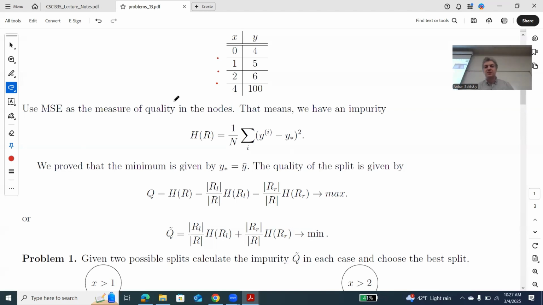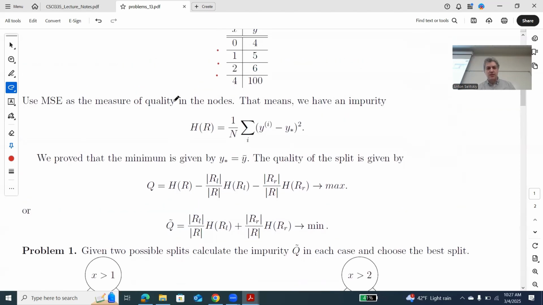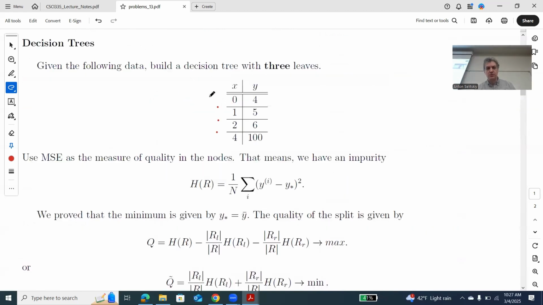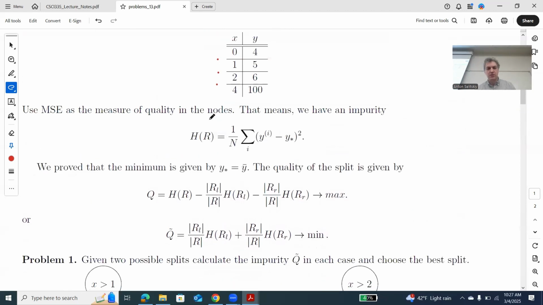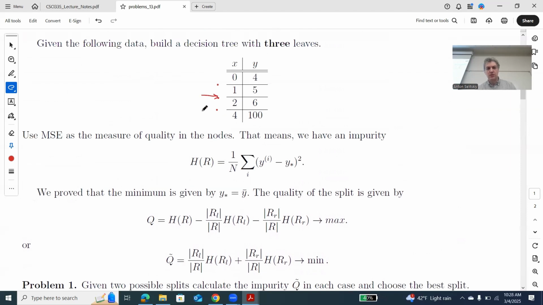So for now, we will go through kind of all possible thresholds. But in problem 1, I asked to try only 2 thresholds, greater than 1 and greater than 2.